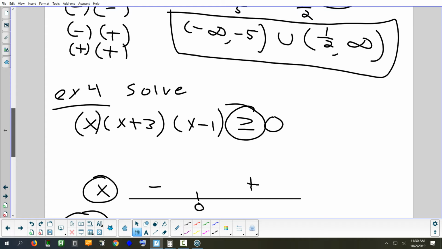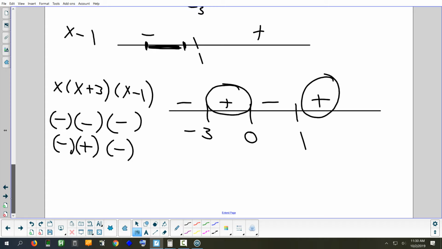Keep this in mind. You can equal 0. Jared? So it would be bracket -3 to 0 bracket. Okay. Or bracket 1 to infinity parentheses.